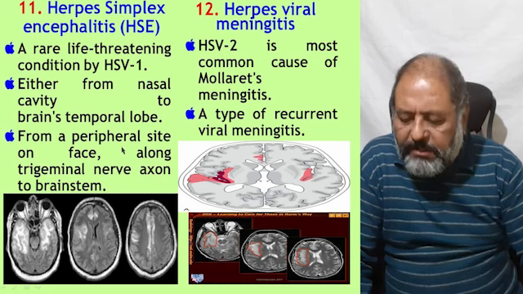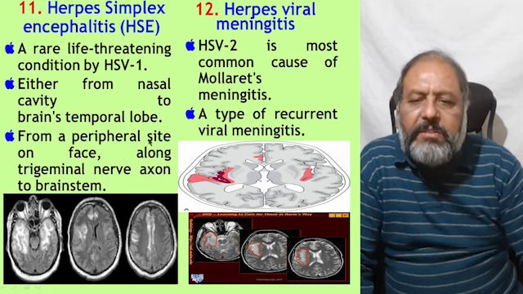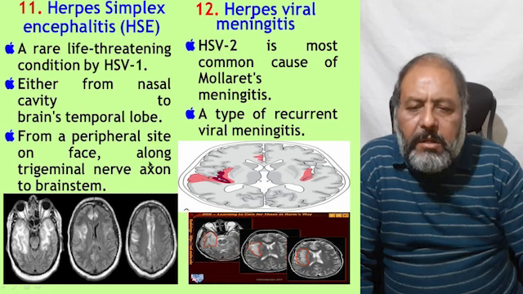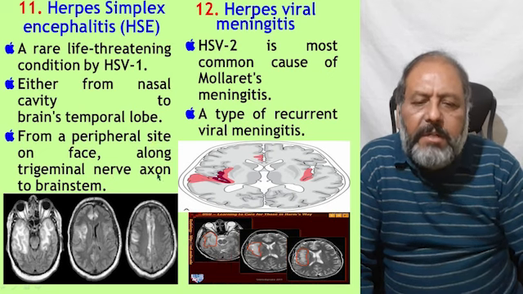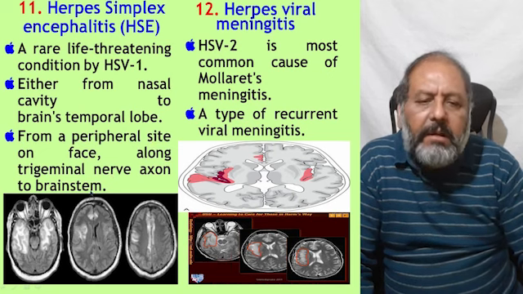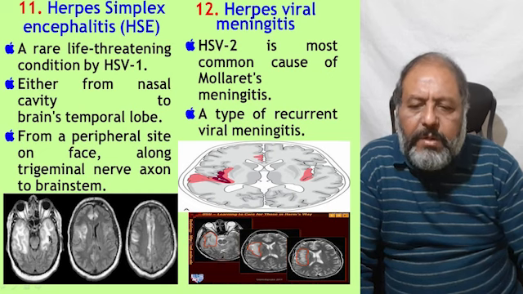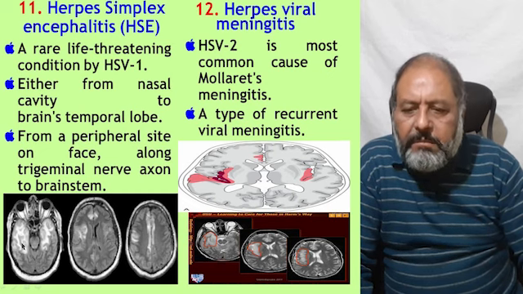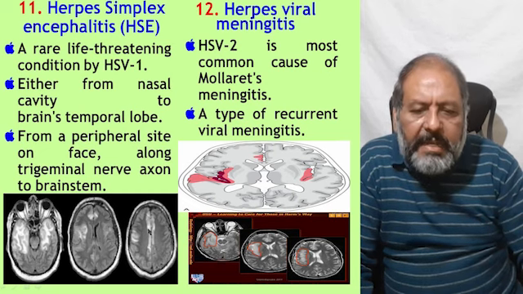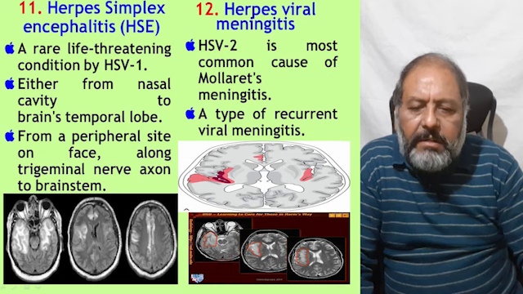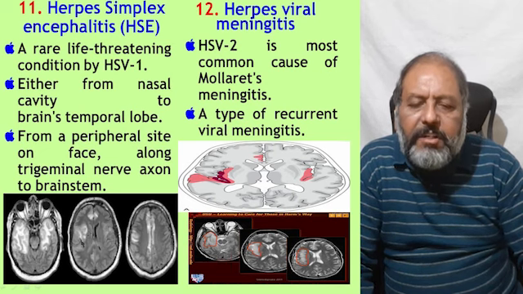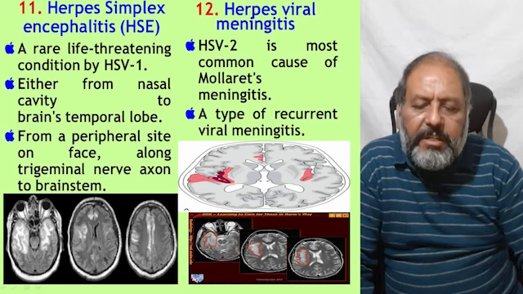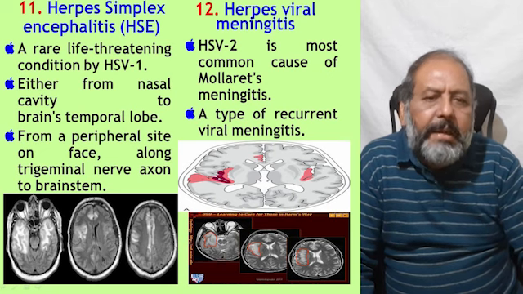So this is the journey of the virus from the peripheral site on the face along the trigeminal nerve axon entering the brain stem. Here one can see the brain stem is involved, and these white areas are all the herpes infection as seen on the brain scan.